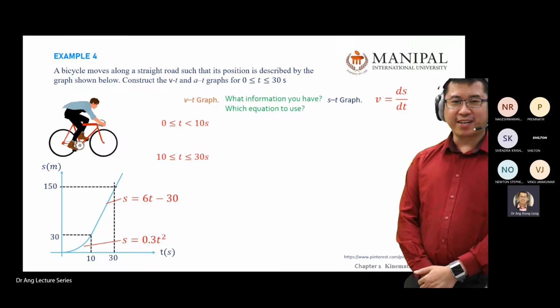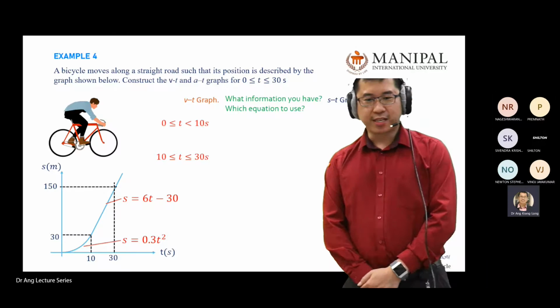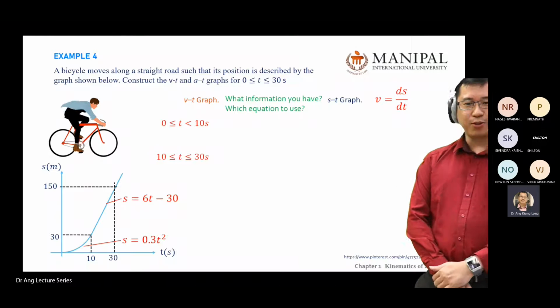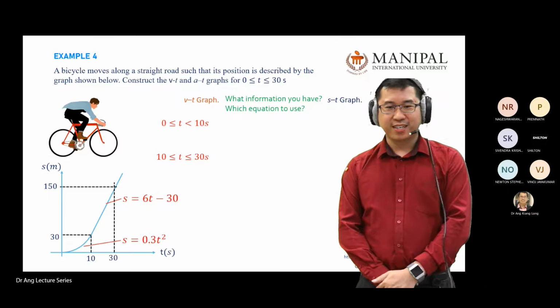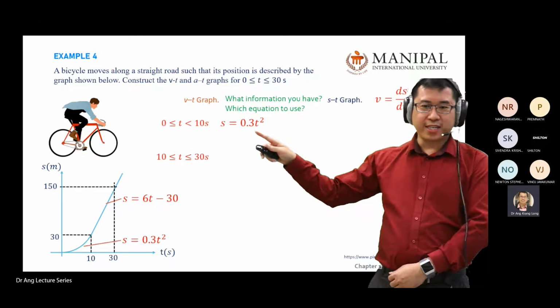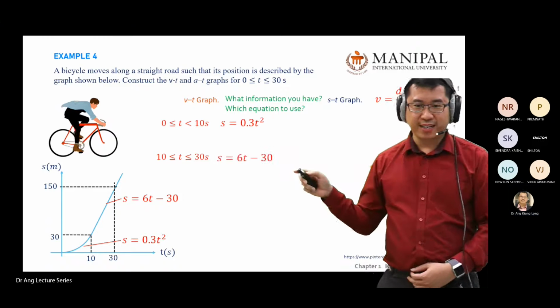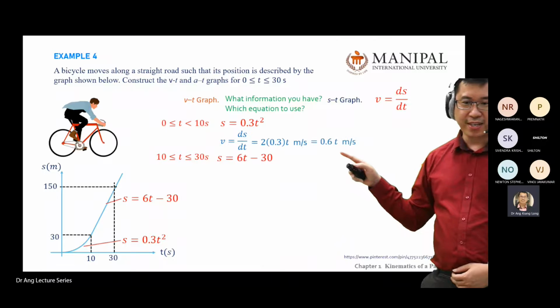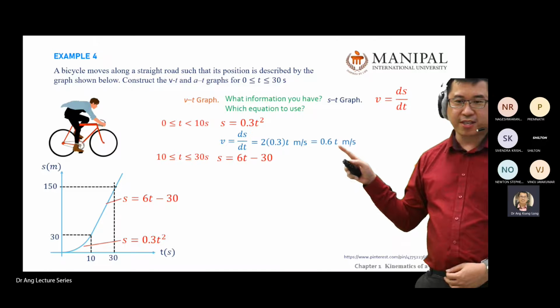If you don't understand, let me know. You don't understand why suddenly all these numbers come out? Why suddenly you get 0.6 t meter per second?